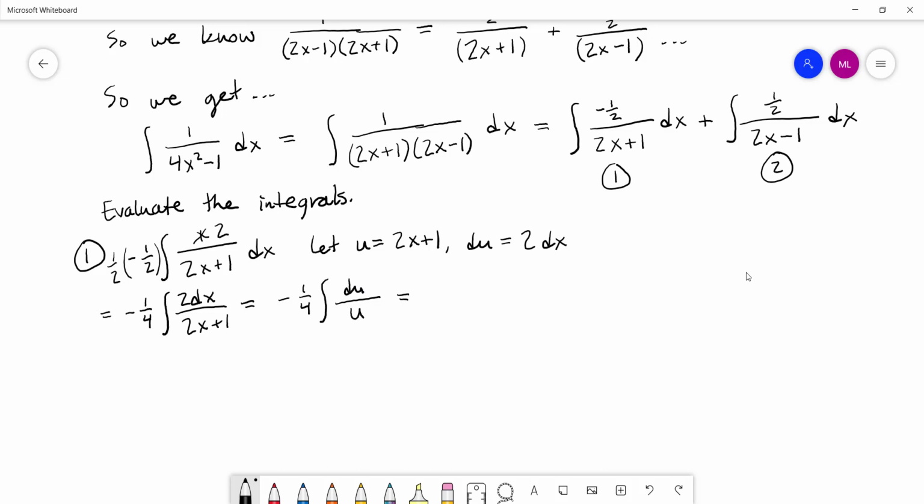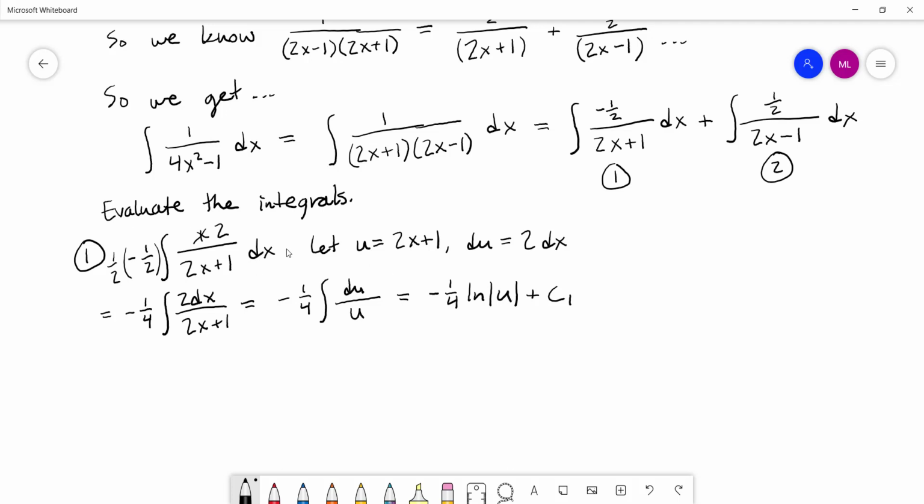How do we integrate du over u? Again, that's the natural log, so I'll have my negative 1/4. And this is just the natural log of the absolute value of u plus a constant of integration. I'll call it C1 because we'll have a second constant of integration for the second integral. Now we just need to convert back to the original variable, right?